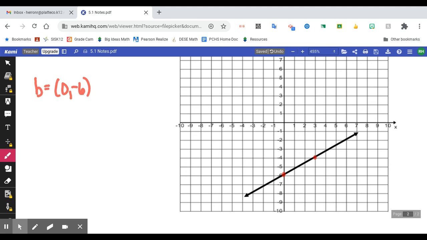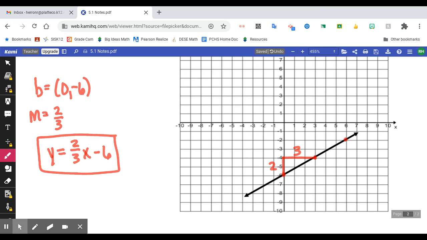How about we do this and this, since it looks a little bit off. Sorry about that. We'll go up 2 and right 3. So my slope is 2 over 3. So y equals 2/3 x minus 6. Okay? Sorry if that tricked you up a little bit. It doesn't go exactly to the corner.